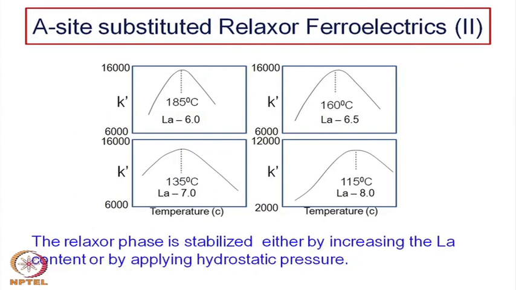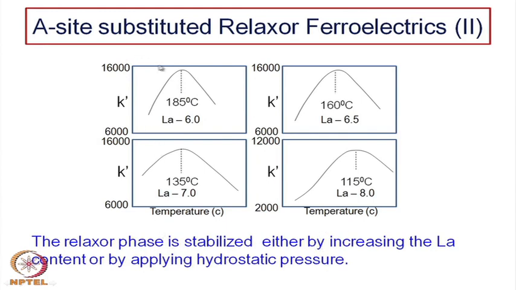This is the A substituted Relaxor Ferroelectrics, and as you can see, there are 4 different diagrams, basically schematics here. The relaxor phase is stabilized either by increasing the lanthanum or by applying hydrostatic pressure, that we will see in the next slide. Okay.